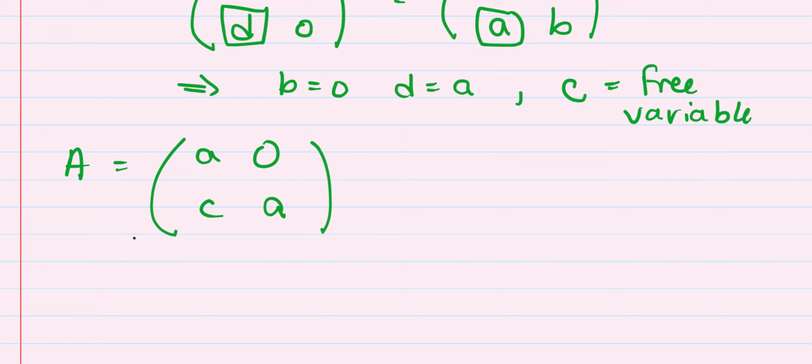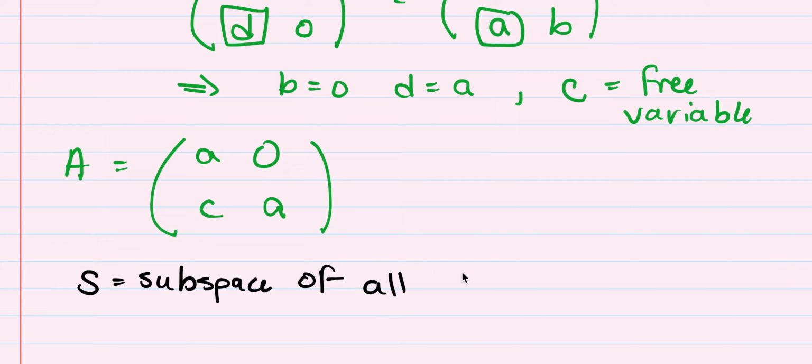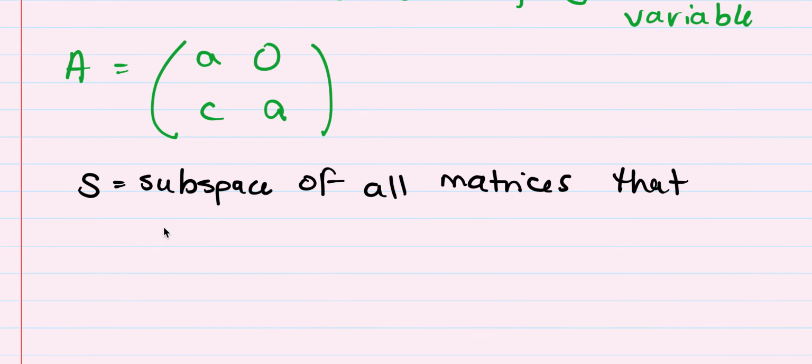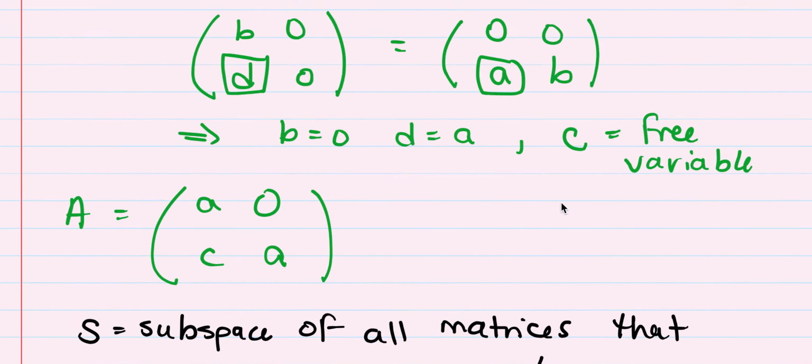So let's let S be the subspace of all matrices that commute with B, which we said was, I believe, 0, 0, 1, 0.